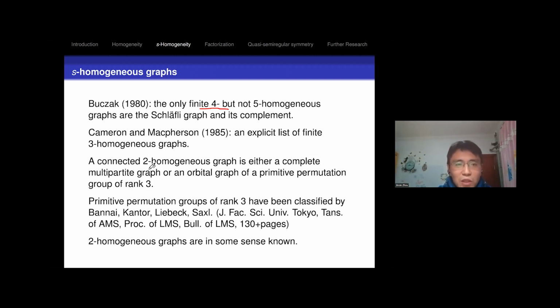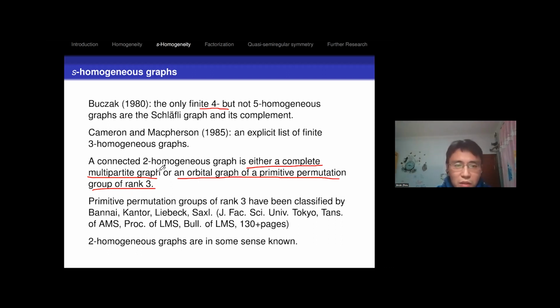And finally, for 2-homogeneous, by definition, we can see a connected 2-homogeneous graph is either a complete multipartite graph or an orbital graph of a primitive permutation group of rank 3.